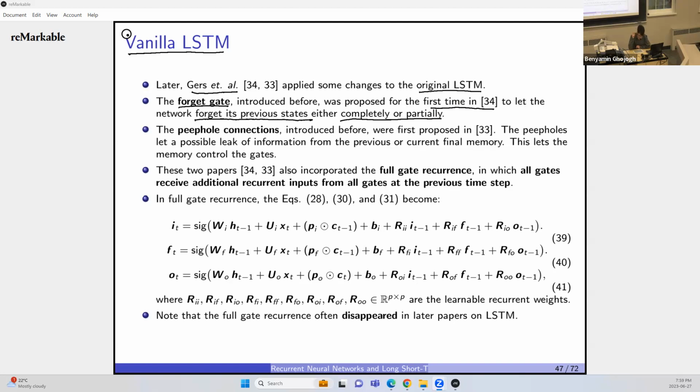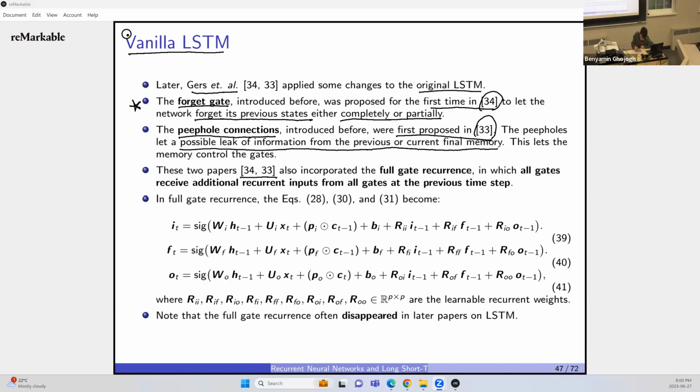Then the peephole connections were first proposed in reference 33. The forget gate, which was proposed in 34, is now used a lot. However, peepholes are forgotten. The peepholes were for possible leak of information from previous or current final memory.